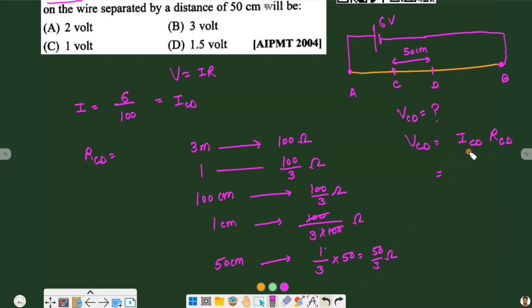Now we know the current, that is 6 by 100, and we know the resistance, that is 50 by 3. So 2, and that will be, all will be 1. So option C will be the right answer. Moving to the next one.